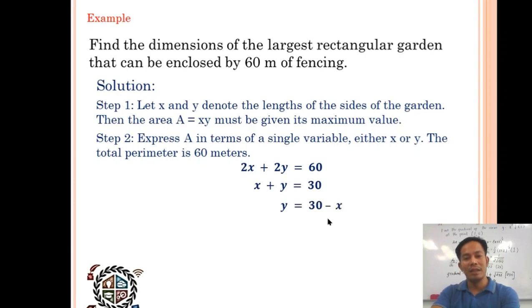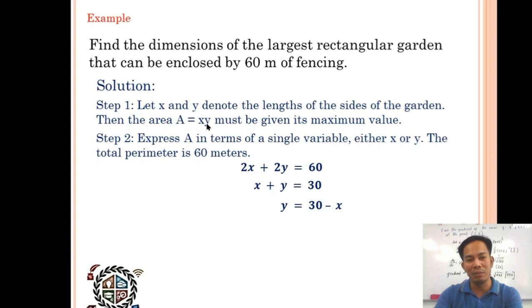Okay? Next. So, y now is equal to 30 minus x. Okay. Anong ginawa dito? In-isolate ko ang isang variable. Bakit kailangan i-isolate? Kasi sabi sa step number 2, express A in terms of a single variable. Okay. Hindi pwedeng dalawang variable ang ilalagay mo sa A. Kasi ang sabi niya, A is equal to x times y.